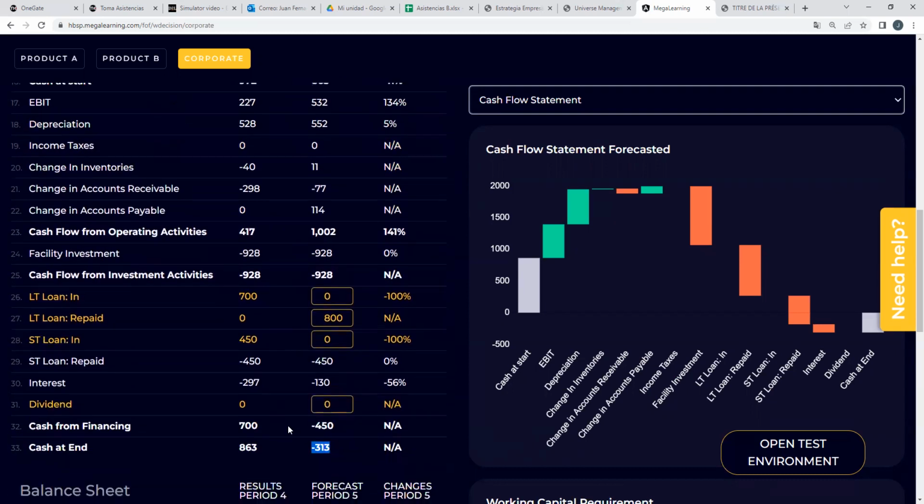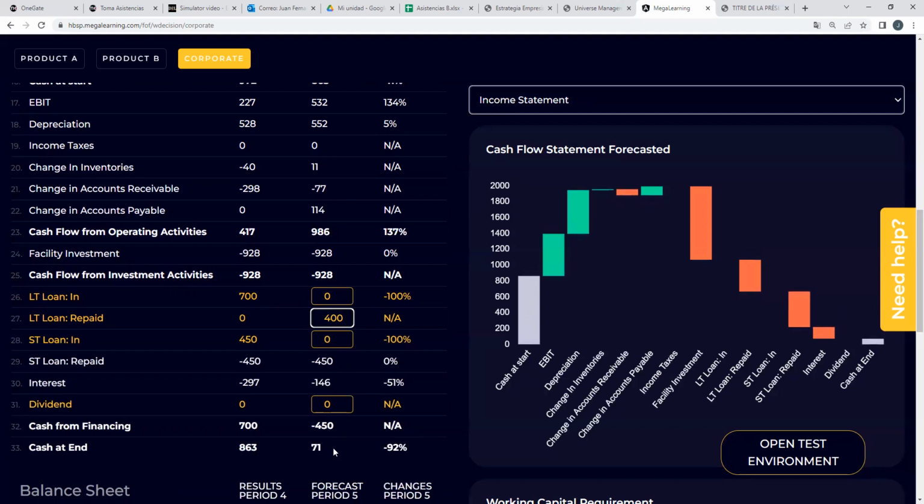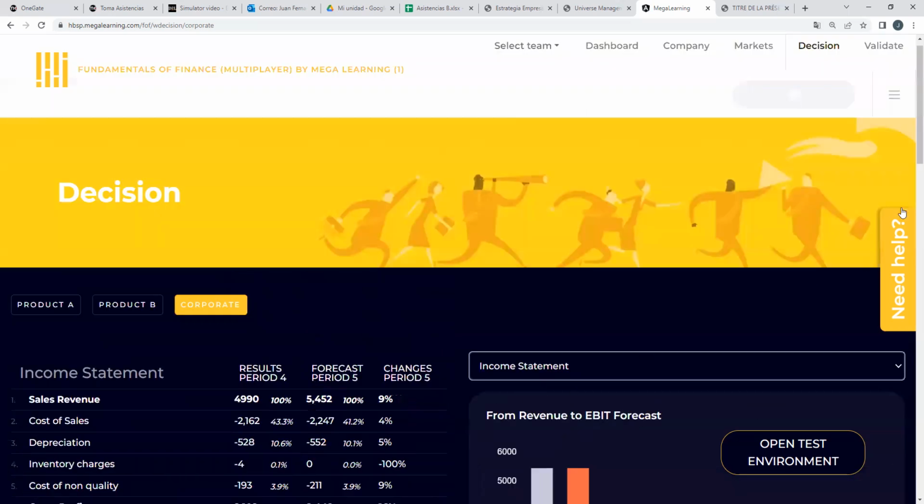So what I'm going to cut: I am not going to repay the $800 of debt. I am only going to repay 400, half. And now I have my cash at the end positive with $71. So I can go now to validate.